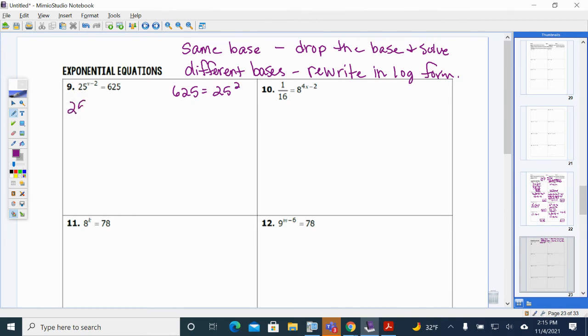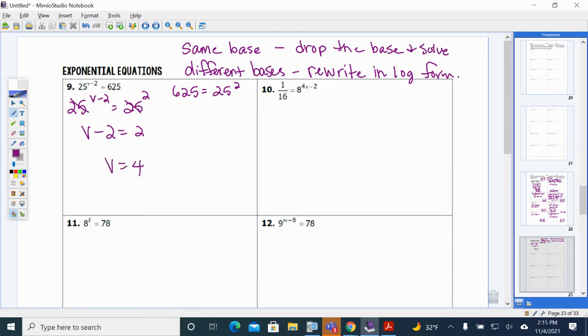So I've got 25 to the v minus 2 is equal to 25 squared. Now I have bases that are the same on both sides. Drop your bases and solve. v minus 2 equals 2. Solve it, and you get v equals 4.